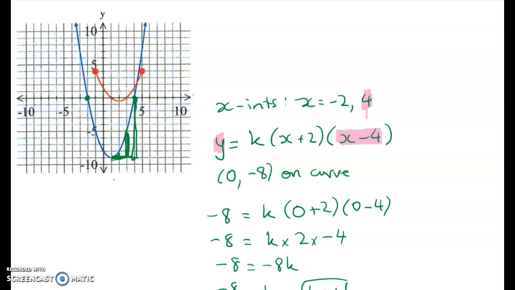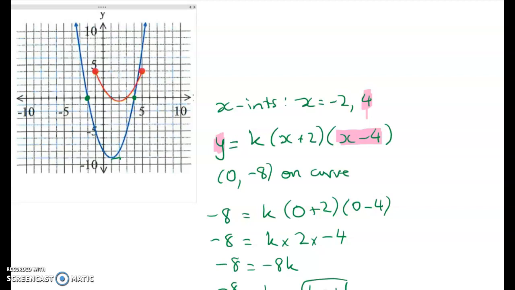So we're getting this pattern of 1, 4, 9, our basic squared numbers. That's another way to spot that I've got a k value of 1. It's the simplest version of a quadratic. So that equation was pretty easy to get, I think, using the x-intercepts.